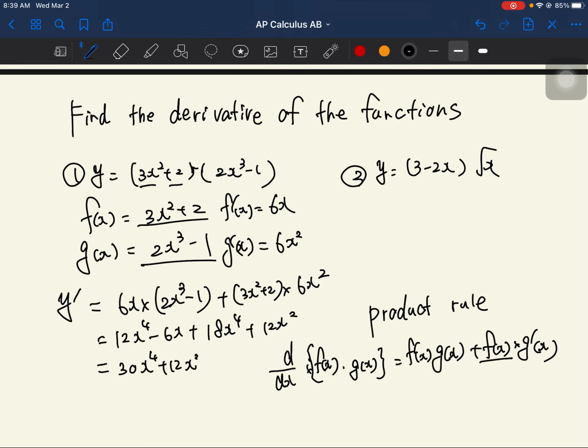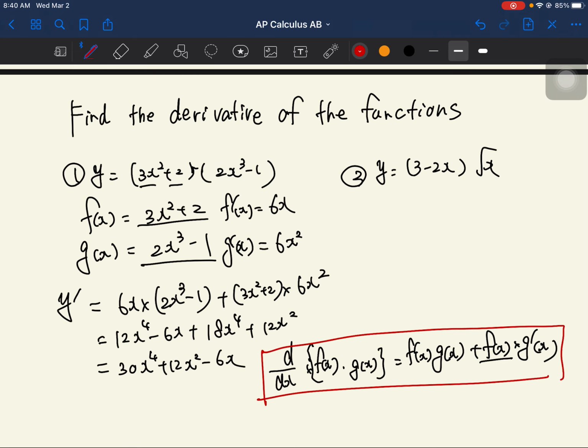Let me simplify: 30x to the power 4 plus 12x squared negative 6x. Yeah, so it's not that difficult actually. You can just expand it sometimes. For the next question, number 2, it might be easier to just expand it.